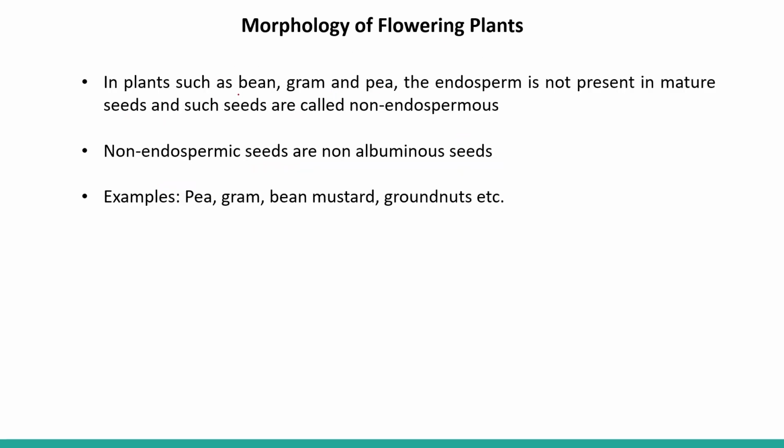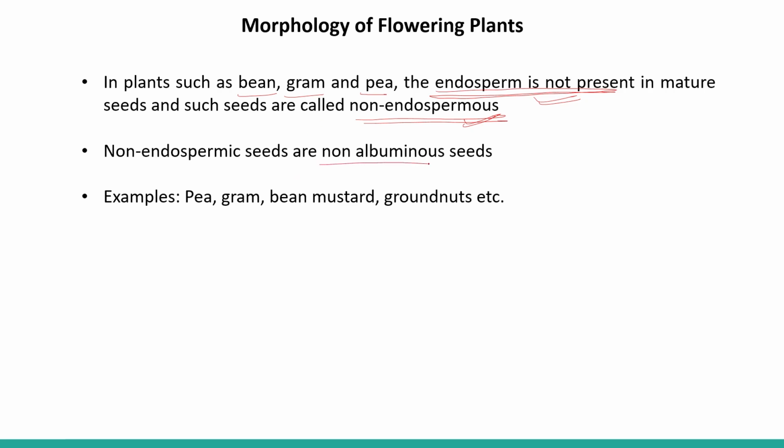In plants such as bean, gram and pea, the endosperm is not present in the mature seed, which is very important, and such seeds are called non-endospermic.